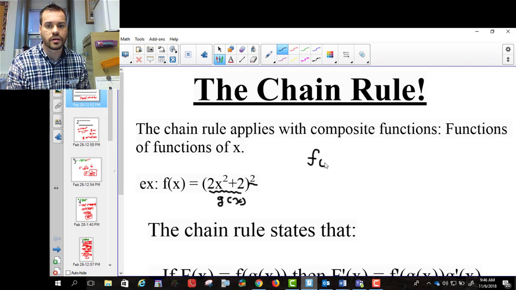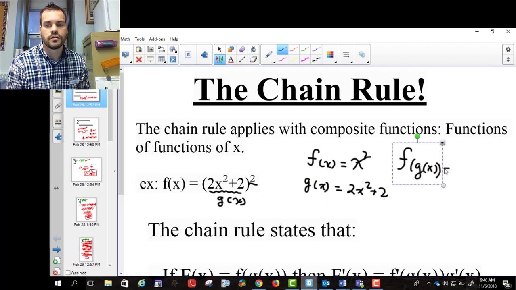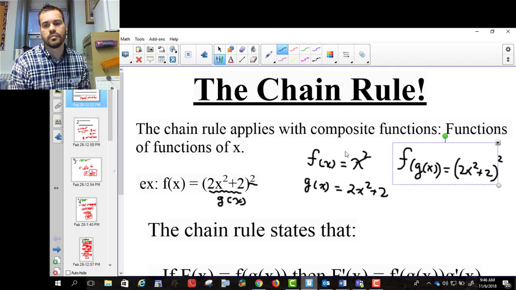You have f of x, which is x squared, and you have g of x, which is 2x squared plus 2. And then you're taking f of g of x. That gives you 2x squared plus 2, squared. That's what I'm talking about, and we did this last year, the f of g of x stuff.